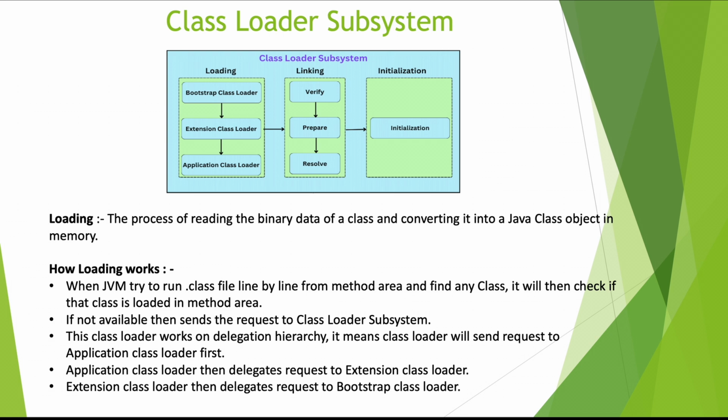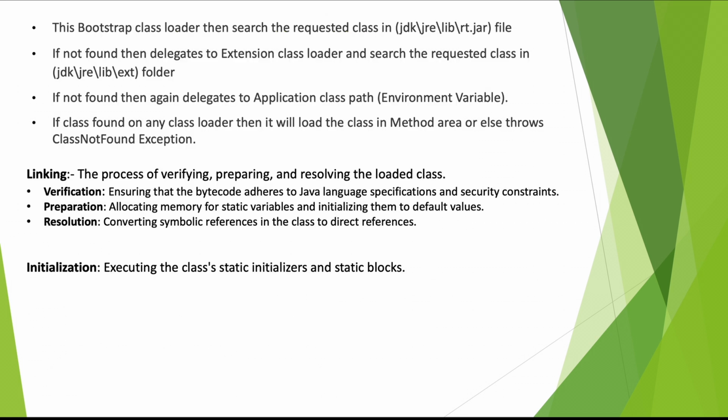So the first priority is always given to the bootstrap class loader, then the extension class loader, then the application class loader. The bootstrap class loader searches for the requested class in the rt.jar file. If that class is found, it will load it into the method area. If not found, the request is delegated back to the extension class loader, which searches for the requested class in the extension class path.